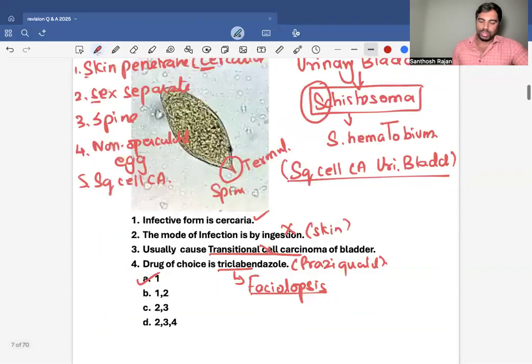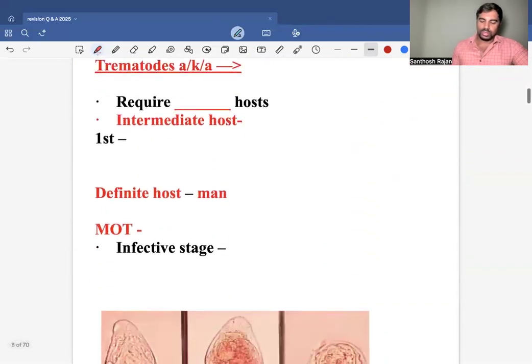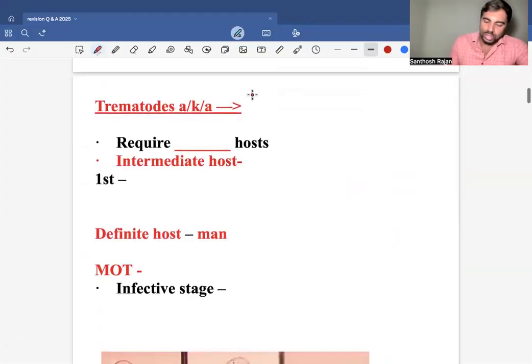So when you talk about trematodes, we usually call them flukes. Trematodes usually require three hosts. That means one definite host and two intermediate hosts.